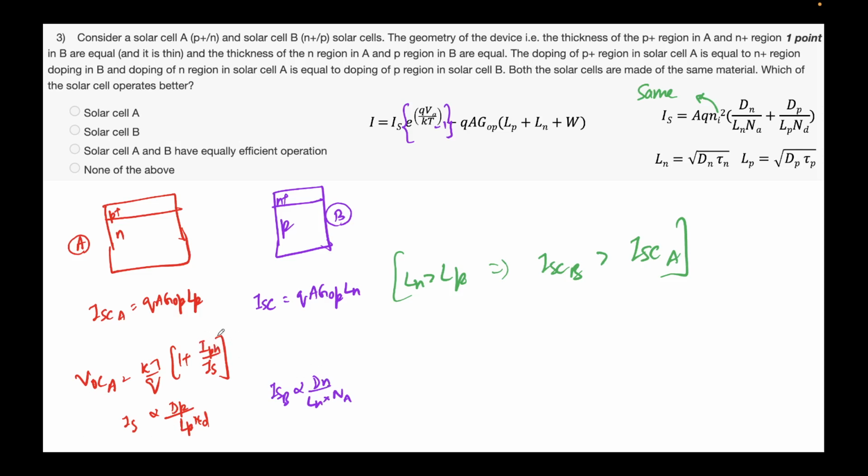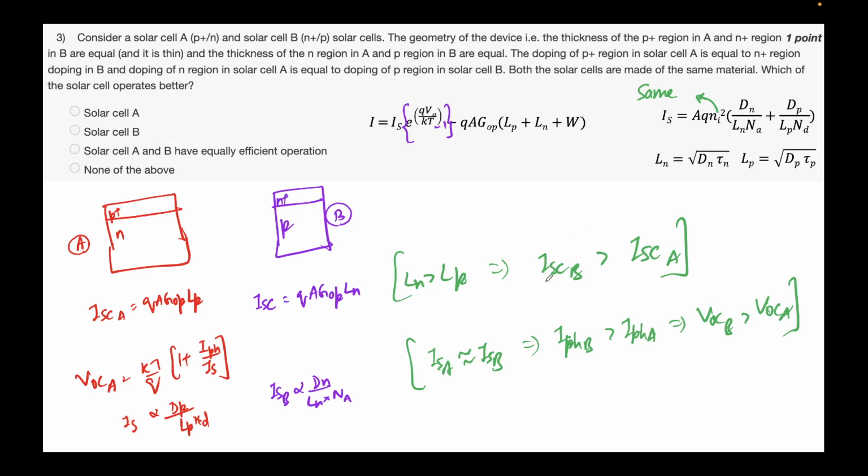So let's say ISA is approximately equal to ISB. Then it's only the photocurrent of B, which is greater than A, which is good. This implies VOC of B will be greater than VOC of A. The actual numbers we have to put in. I do not have those numbers readily available, but that's the way to approach the problem.